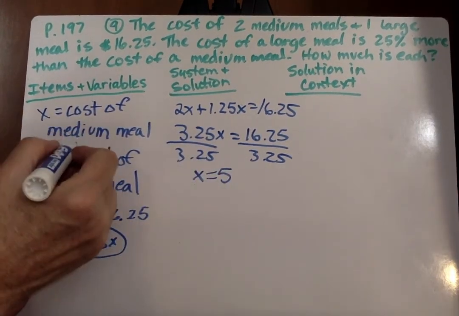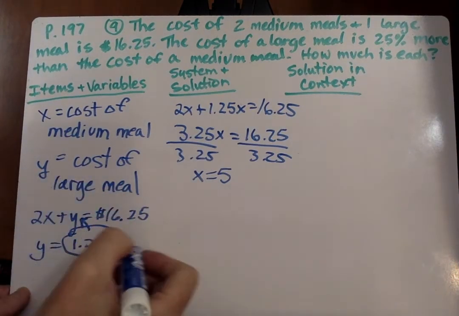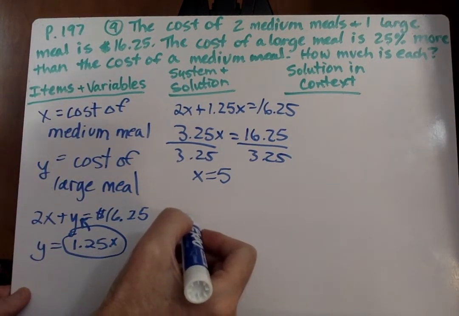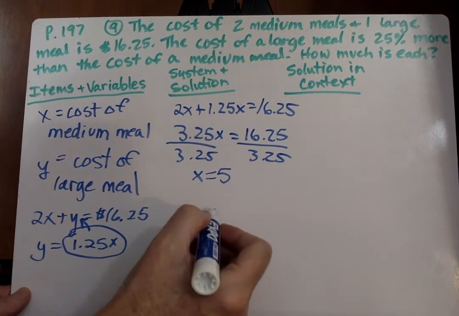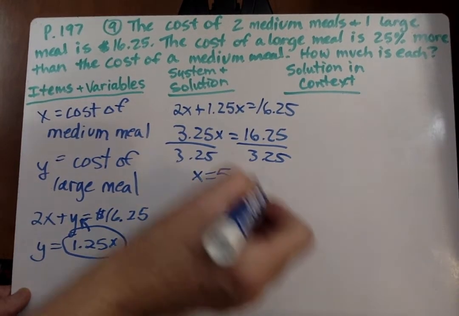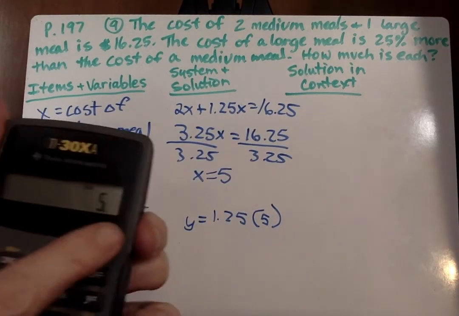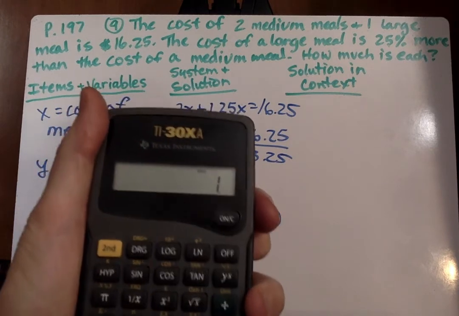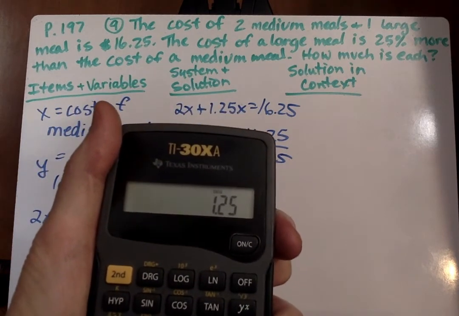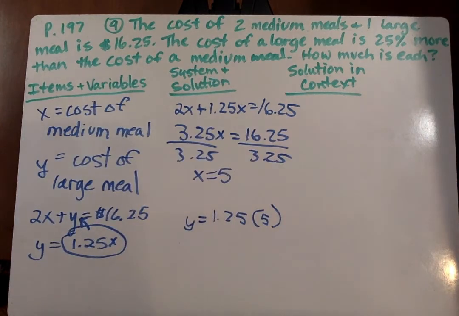So we know the cost of a medium meal is $5, and for the cost of a large meal, we have to figure out y equals 1.25 times 5. Again, with our handy dandy calculator, 1.25 times 5, 6.25.